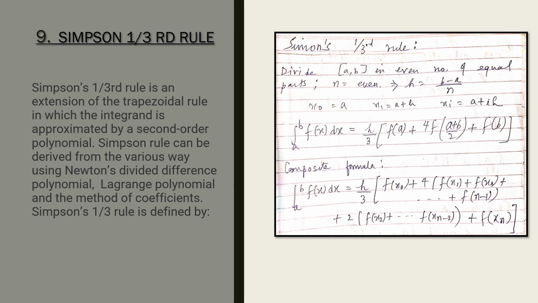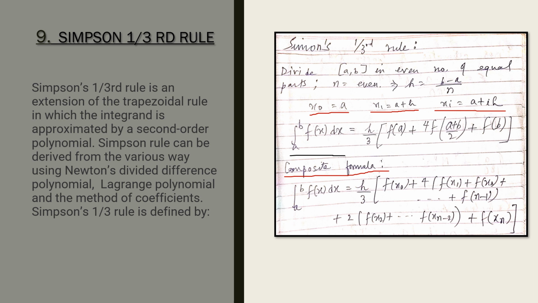Then n will be given in the question, mostly it is even, and h equals (b minus a) by n. As discussed previously, x naught is a, x1 will be a plus h, and xi will be a plus ih ultimately, and then you can simply put it in this composite formula. This is just for n equals say 2.